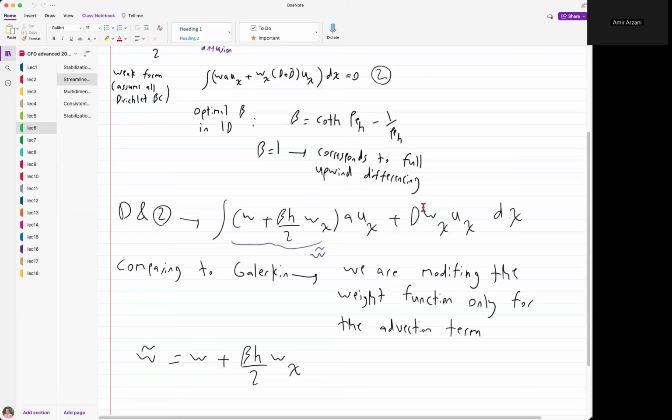There's one thing you have to be very careful about when you do that, and that is when you use linear shape functions, which is actually pretty common in finite element. As soon as you make this W here W tilde, you already have a first derivative here, and W tilde also has a first derivative. So by changing this W to W tilde, you're going to get a second derivative of W. So what does that mean?